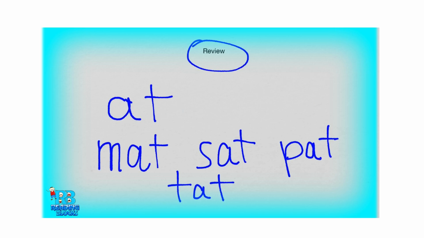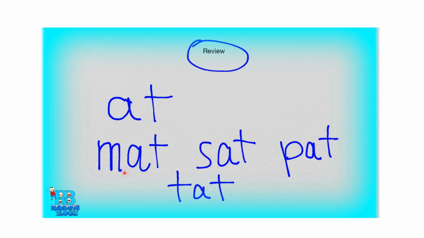Now, let's read some of the words we made with the sounds we learned in Block 1. Can you read this word for me? Excellent. Did you say at? At. Very good. And now with this word family, at, we can make several words. Let's read the first one.